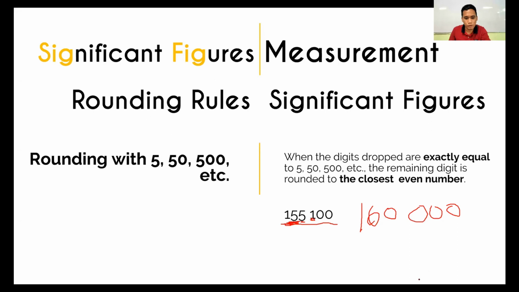But if it is 5 and the succeeding digits include a non-zero digit, then we round up. Remember, for 5 and the succeeding numbers all zeros, we apply the odd and even rules. For 5 and a succeeding non-zero digit, we round up.